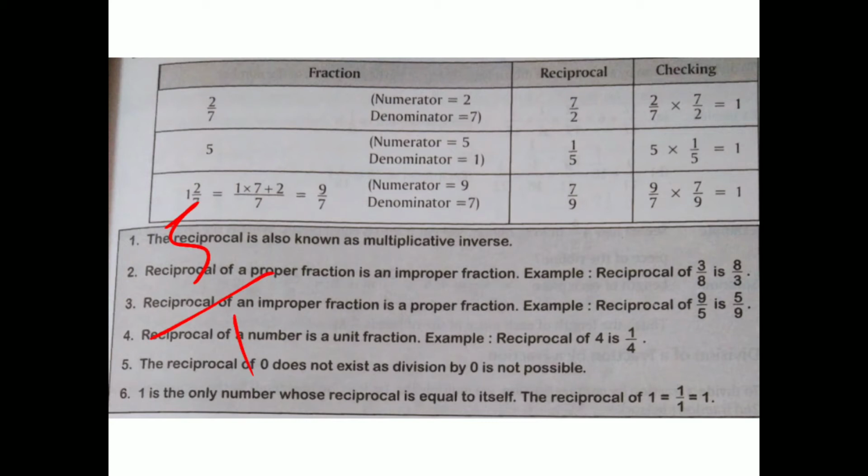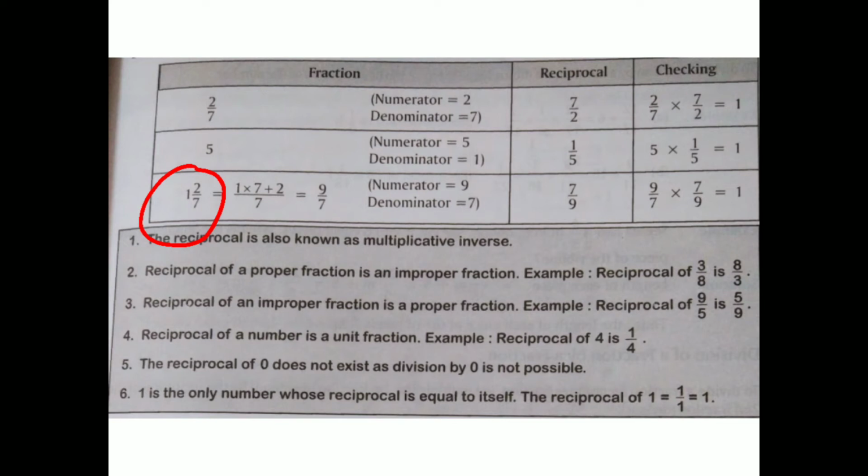Its reciprocal will be 1 upon 5, and when we multiply, 5 and 5 cancel, the answer will be 1.